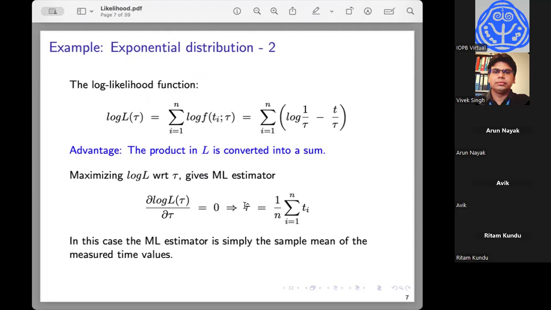Now tau hat, you know, is the mean lifetime. You can see that it coincides with what we had defined earlier as the estimator for the mean. In this case, the ML estimator gives the same as the generic estimator for the mean value.